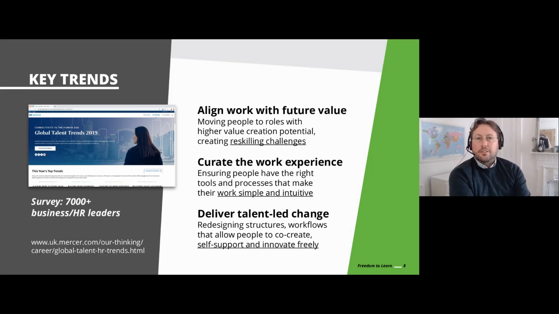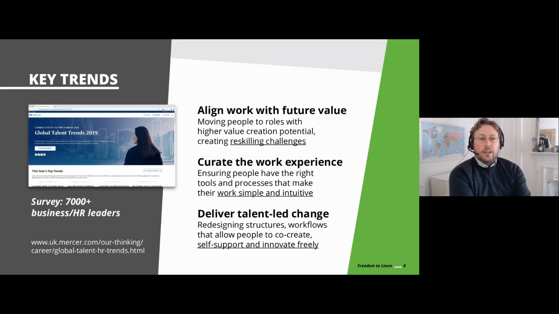But being able to identify roles and understand that they will add value significantly to the organization is really critical. At the same time, we need to find and attract talent and hold on to talent. And to do that, we need to curate that work experience.